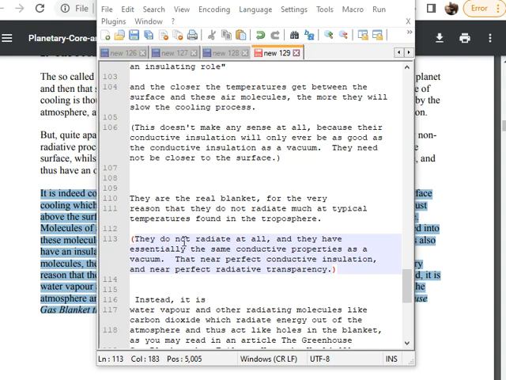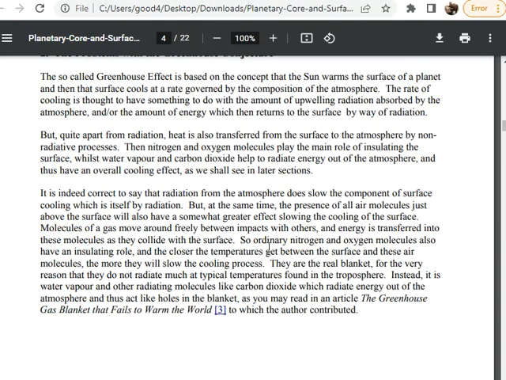They have essentially the same conductive properties as a vacuum. That is near perfect conductive insulation, and near perfect radiative transparency. So they're perfect transmitters of radiation and perfect insulators of heat conduction. So says there the real blanket.